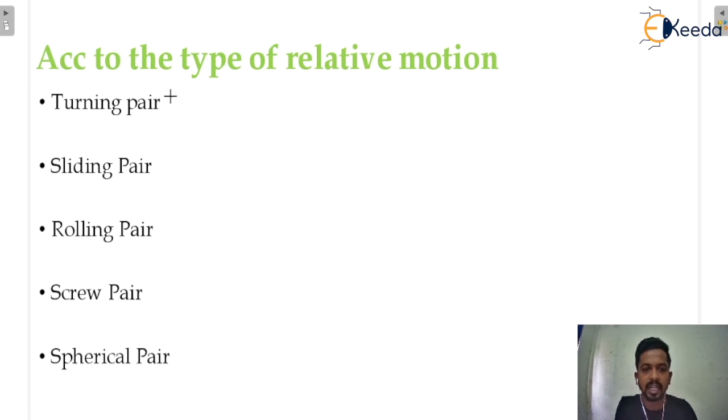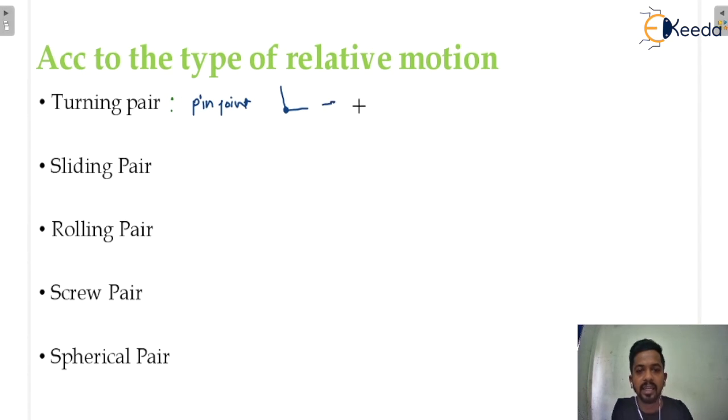So first is the turning pair. Turning pair is also known as pin joint. For example, if there is one link and there is another link, these two links are connected by the turning pair, because in the turning pair only rotation is possible.